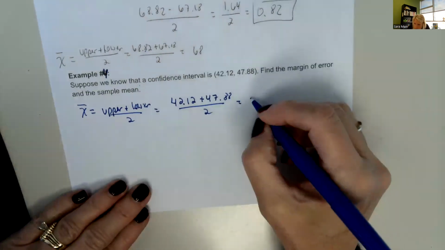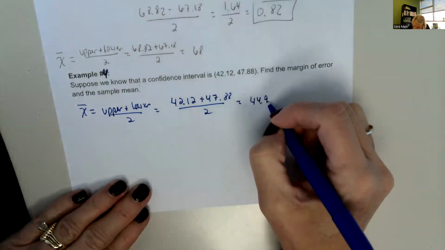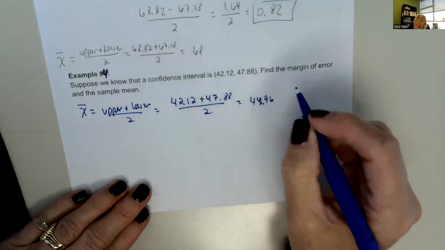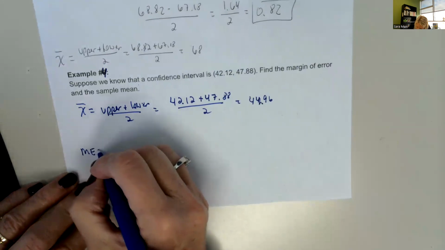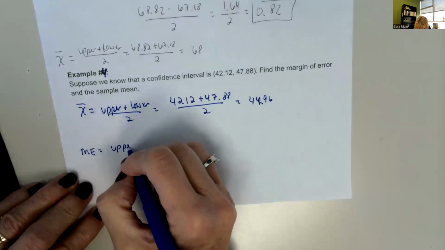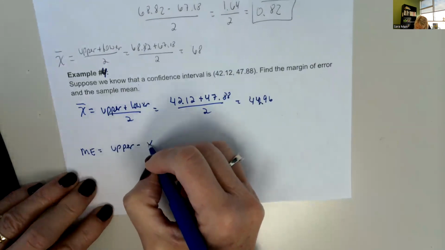So our sample mean is 45. Sorry, I typed that incorrectly. I missed a digit. And then our margin of error is our upper minus the sample mean.